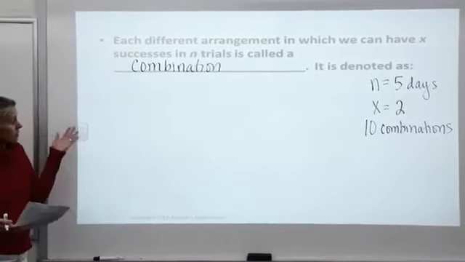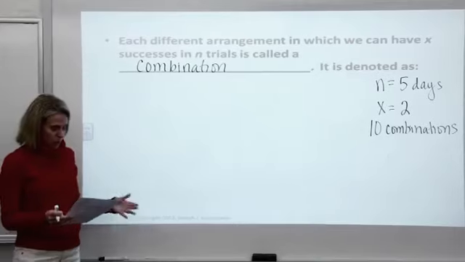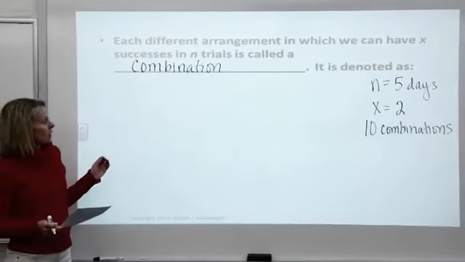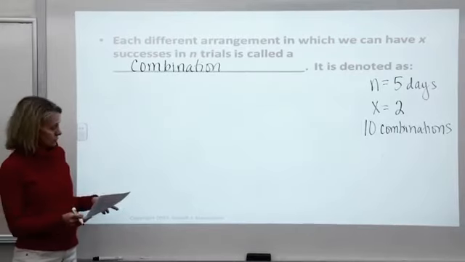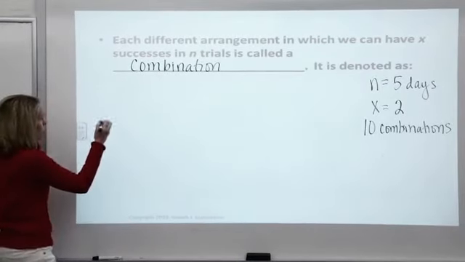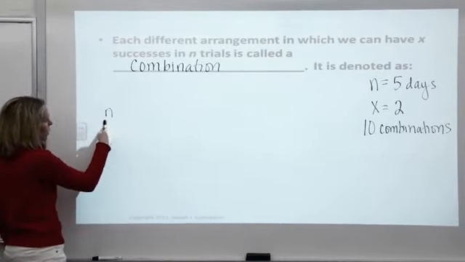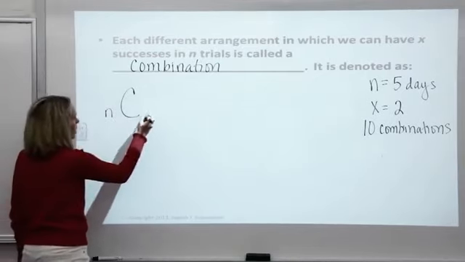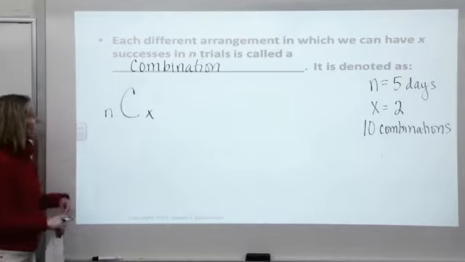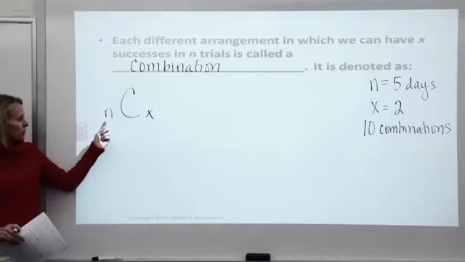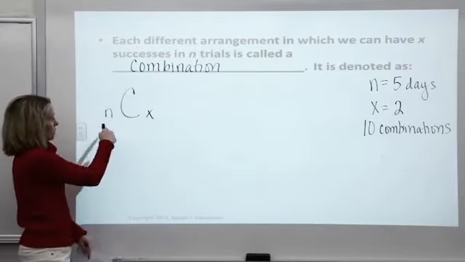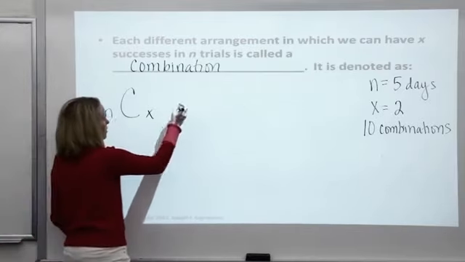All right, some of the language that you'll see used in some of the syntax. Each one of those combinations, or the number of combinations that we'll have, there's some notation that we use. We write a lowercase n, a capital C, sort of stands for combinations, and a lowercase x. This is always the number of trials. This is always the number of successes. And we say this is n choose x.